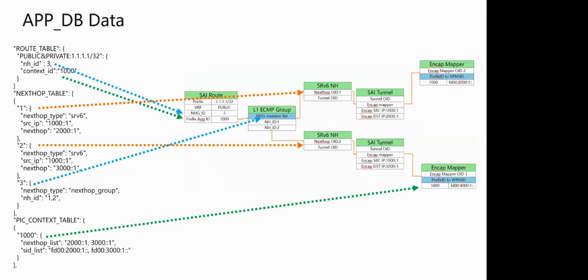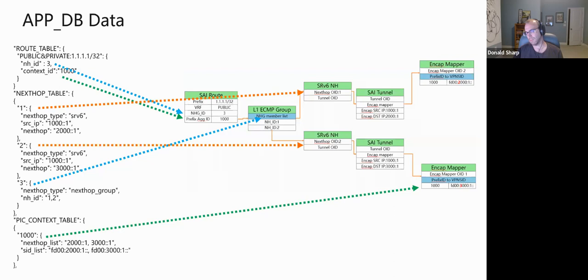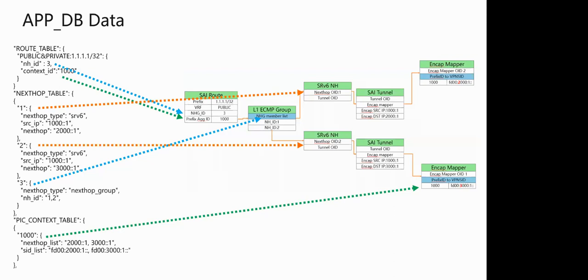So I thought EVPN only has 2 levels, right? Why do you have 3 levels? Yeah, exactly. It does not have 3 levels, but from the next hop group point of view, you already have 2 levels. The top level next hop group has multiple single path members. I see. But Kentaro's one is kind of opaque, right?